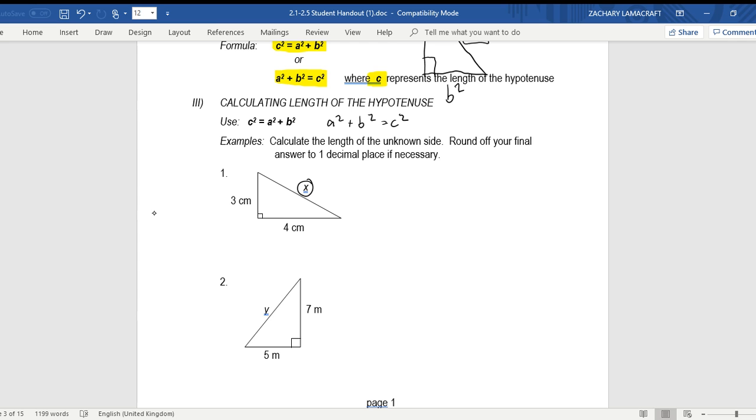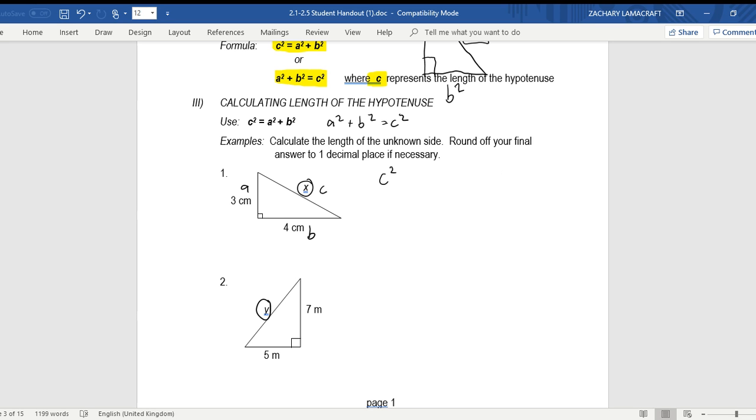So unknown side being that of x and that of y, and round your answer to the decimal place if necessary, okay? So in this case, this would be A, this would be B, and this is C, because C is always the hypotenuse. So C is going to be the same as X here, and then A and B we can just label either way.